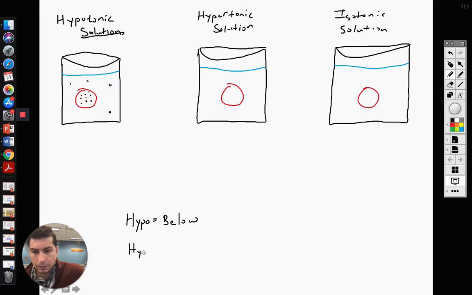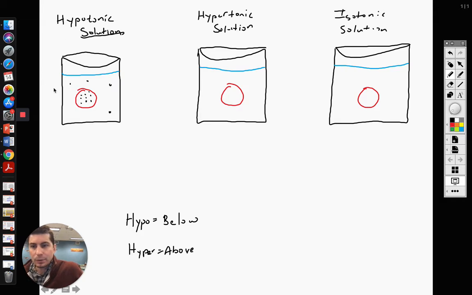Hyper means above. So if we have a hypotonic solution, that means our solute particles are below or less than the amount inside the cell. Okay? So let's just dive a little bit deeper into this.